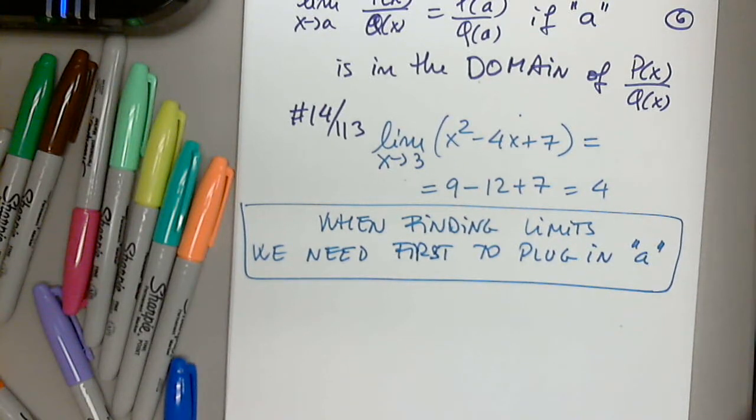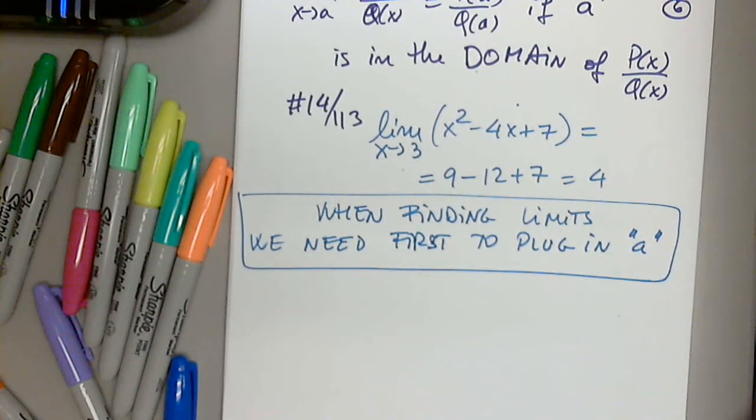Because we don't know what type of limit we are facing. I'm contradicting what I just said many times, that x does not equal 3, which works for polynomials and rational functions if 3, in this case, is in the domain. 3 is always going to be in the domain of a polynomial function, because polynomial functions are defined everywhere. So when finding limits, we need to first plug in A in order to identify the type of limit.